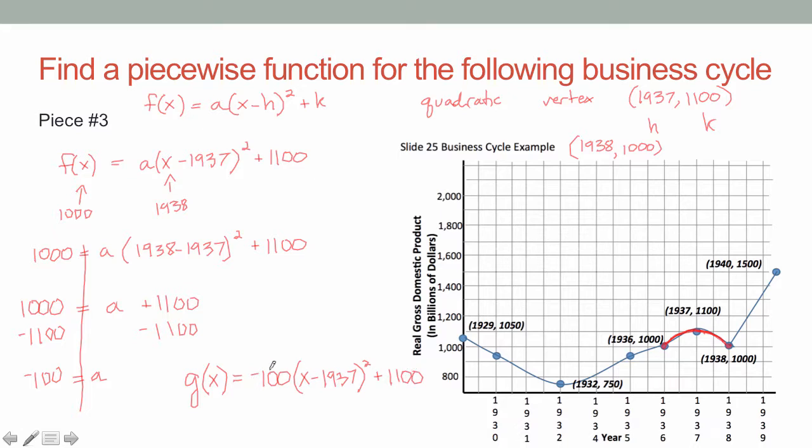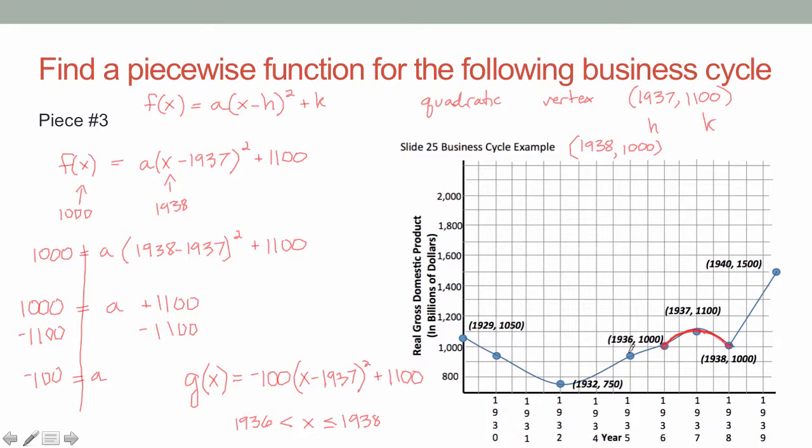And we're going to use this function. We just want the piece of it. So it's going to go from 1936, and I want the x values greater than 1936 up to 1938. I want it to stop at 1938.